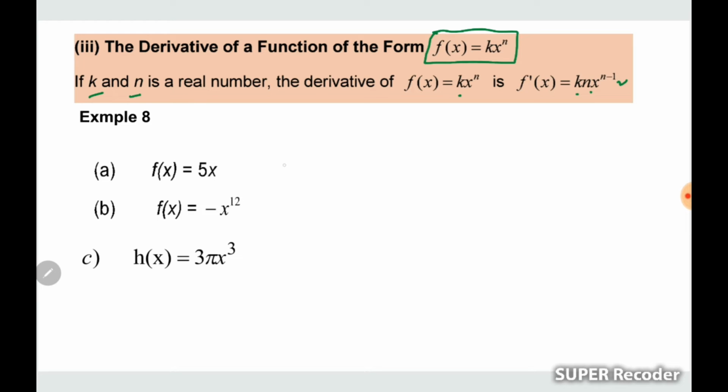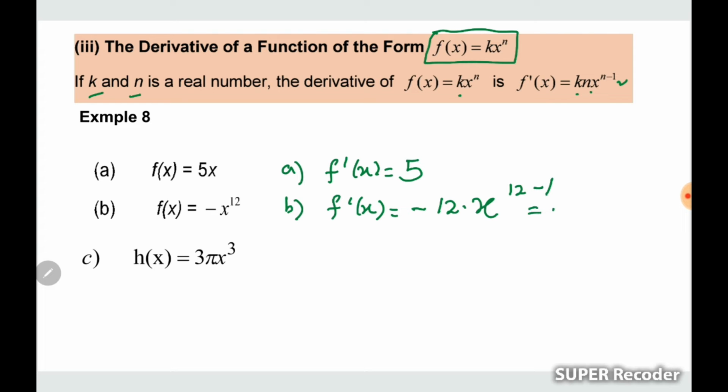Okay, so A, if given f(x) equals 5x, so f prime is equal to 5. B, if given f(x) equals negative x to the power of 12, so f prime x equals negative of 12, bring in front 12, multiply with x to the power of 12 minus 1. So the answer is negative 12 x to the power of 11.